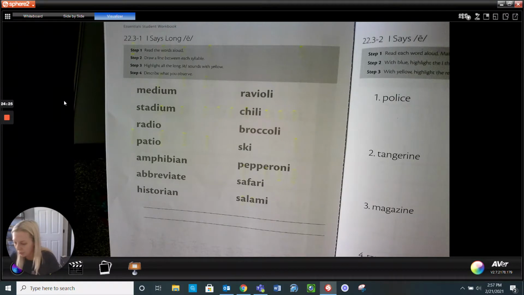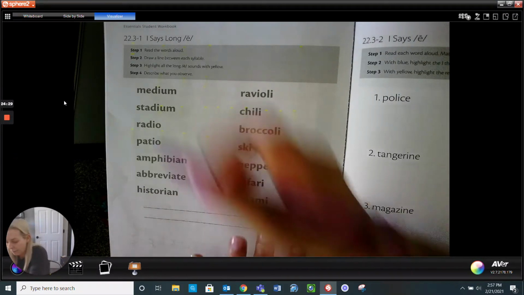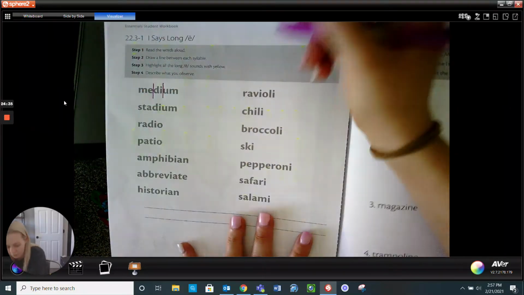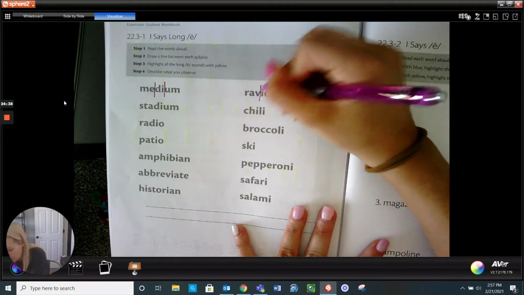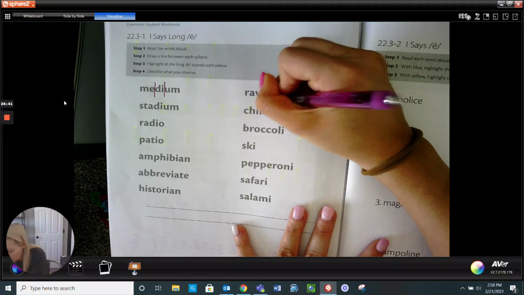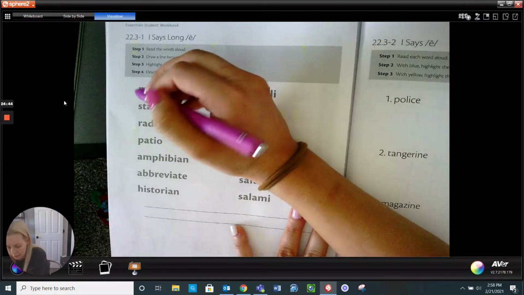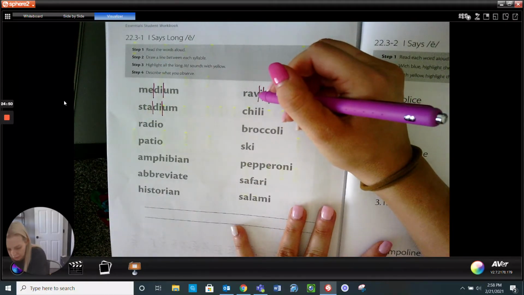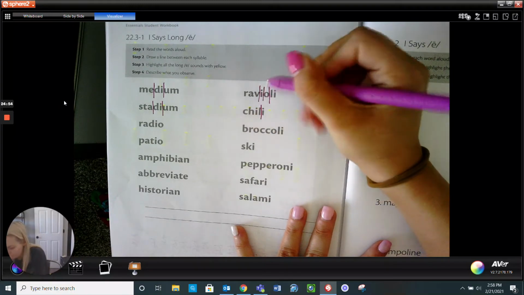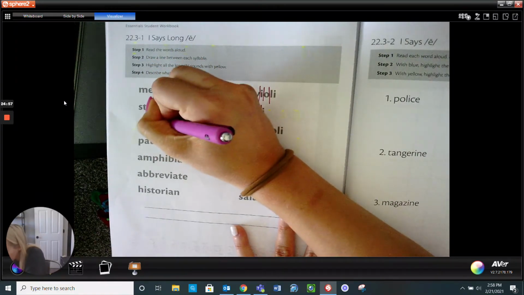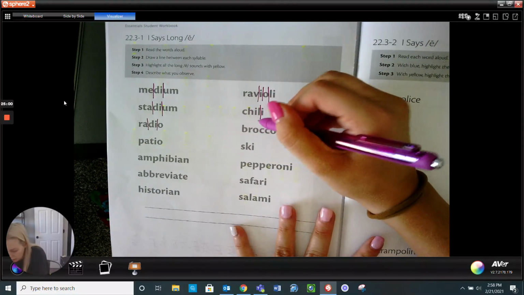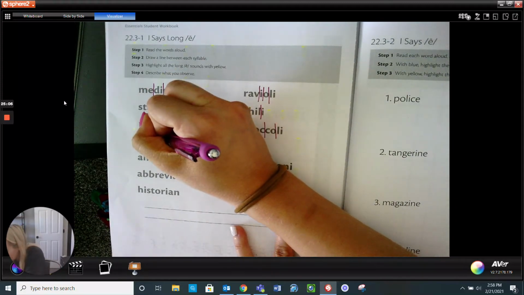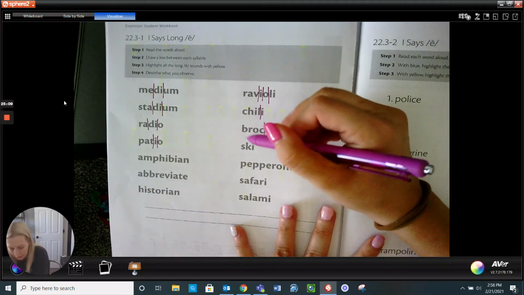Now we're going to draw a line between each syllable. So we have medium, ravioli, stadium, chili, radio, broccoli, patio, ski.